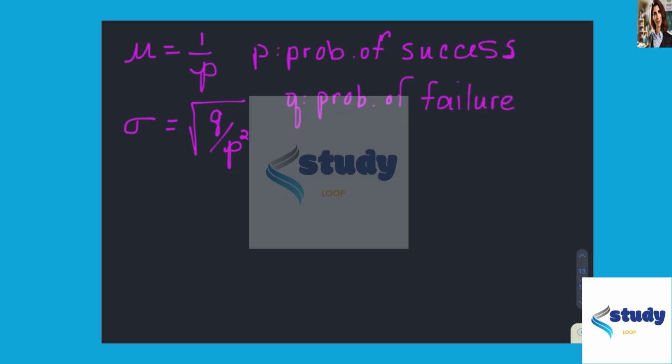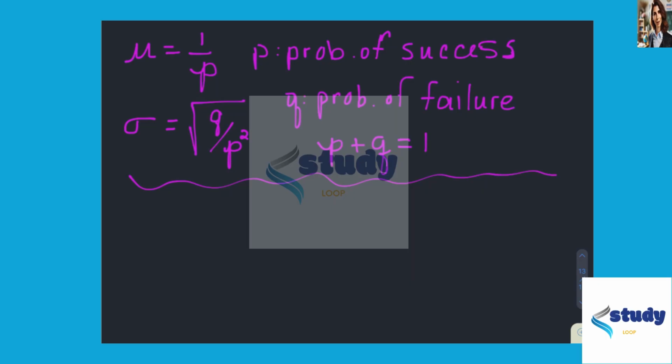And we have to just keep in mind that the probability of success plus the probability of failure will always equal 1. So let's read this problem and determine what the values of p and q are. So here we're talking about the estimate of 4 out of 5 preferring showers.